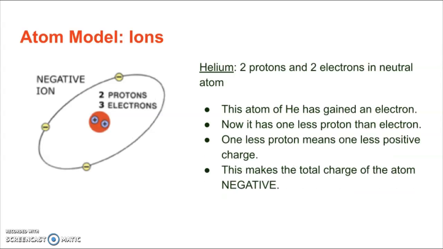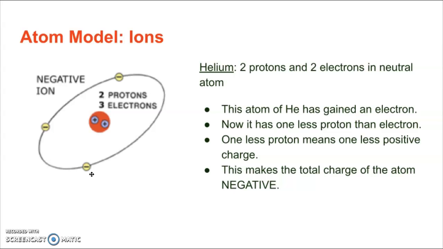For my second diagram, I'm still looking at helium because I have 2 protons. However, I now have 3 electrons on the outside. So I now have 1 extra electron than I would in a neutral atom. So I have gained an electron, meaning I am more negative.